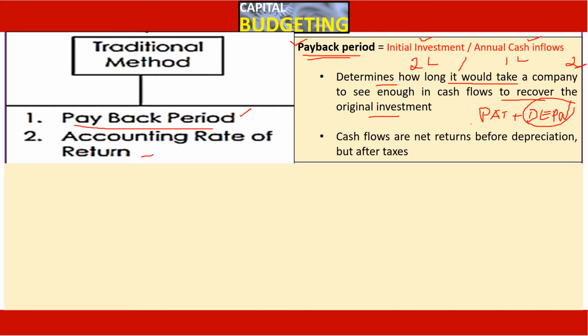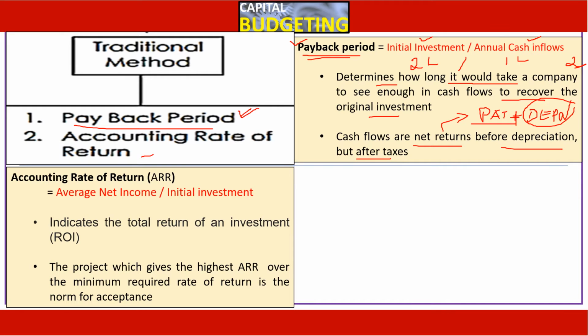Hence, we have to take a total of net returns before depreciation, but after taxes. Or to put it the other way, we have to take profit after tax and add back depreciation to it. Both put together is known as cash flow. This is a simple mention as regards payback period.